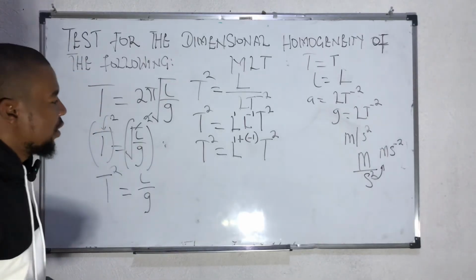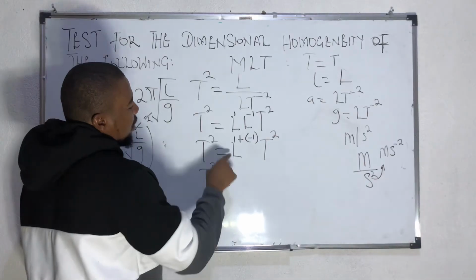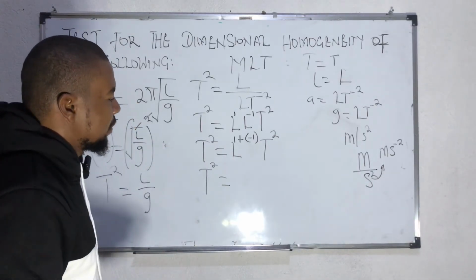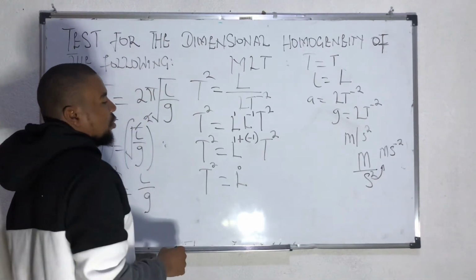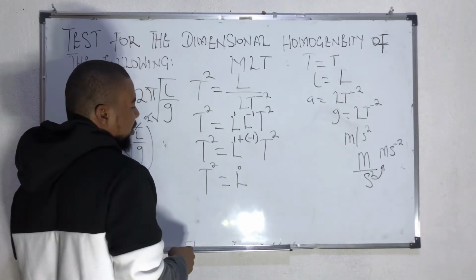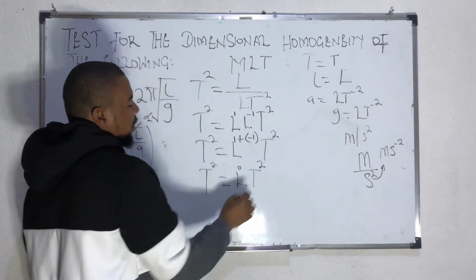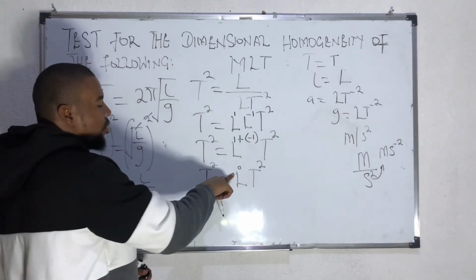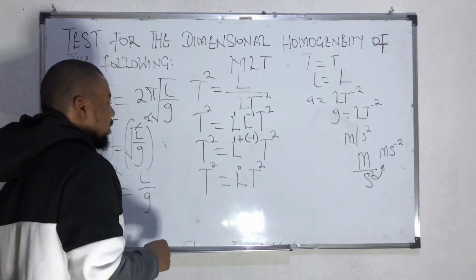Let's simplify further. Here we have t squared equals L raised to the power 1 minus 1, which will give us L raised to the power 0, because 1 minus 1 is 0. And next up, we have a t squared. Remember that any number raised to the power 0, apart from 0, is equal to 1.